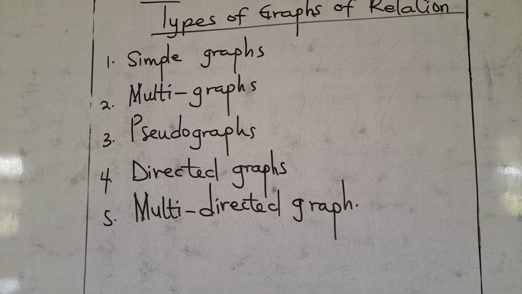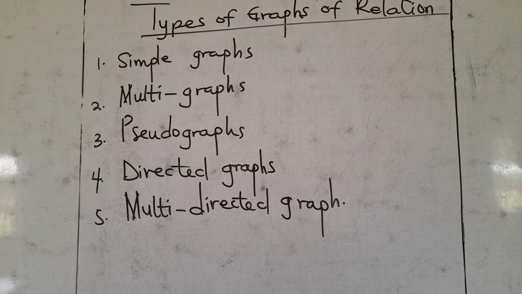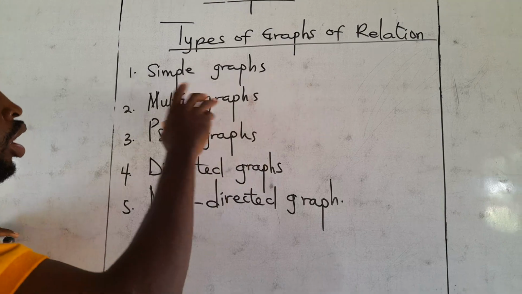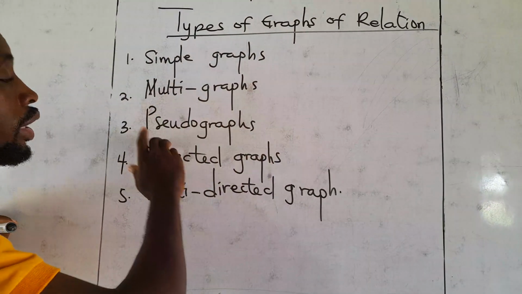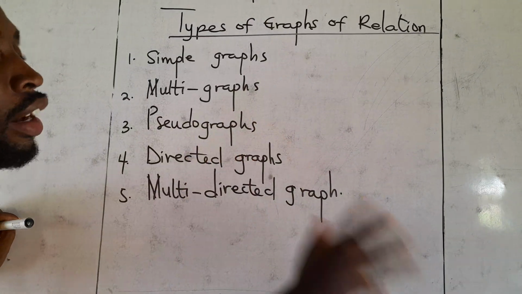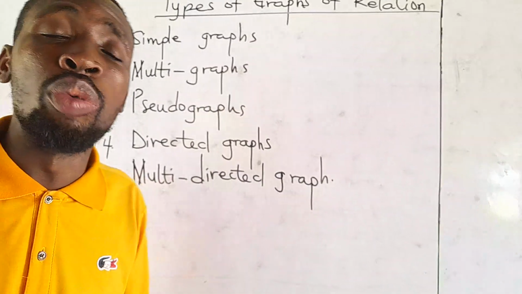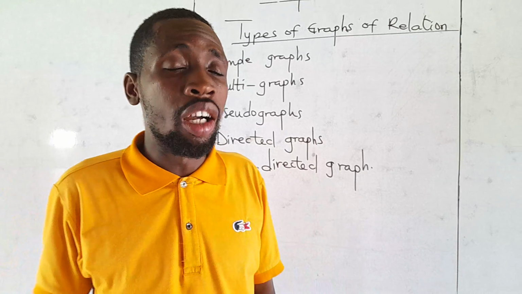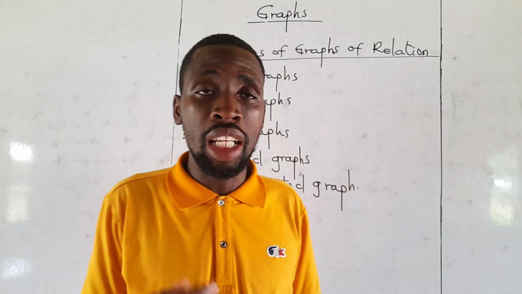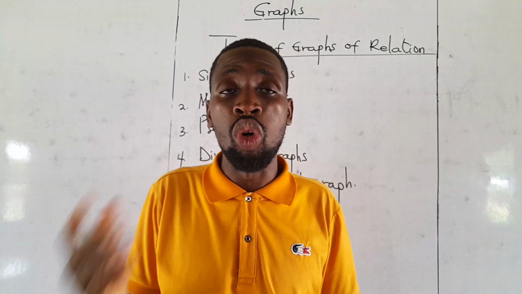So I want to talk of types of graph of a relation. We have 5 types of those graphs. We have simple graphs, multi-graphs, self-loop graphs, directed graphs, and multi-directed graphs. I want to talk of simple graph. What are they? What's a diagram representing simple graphs? Then multi-graphs, what are they? What is the diagram representing multi-graph?